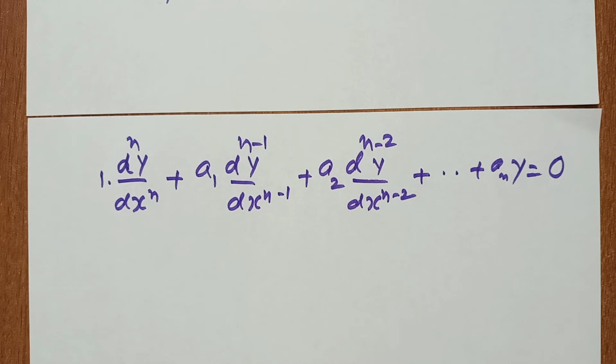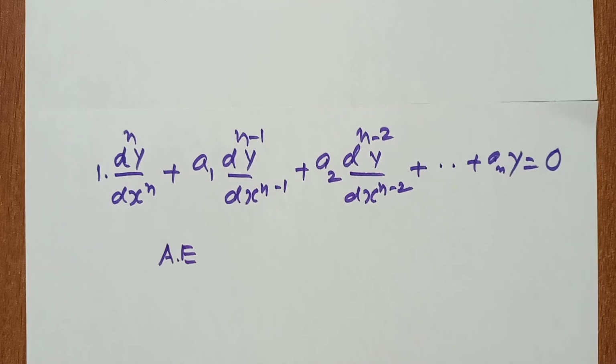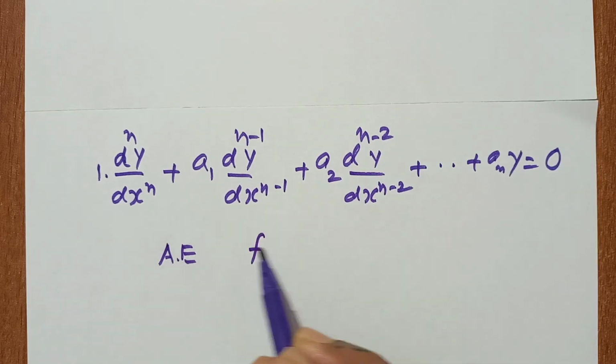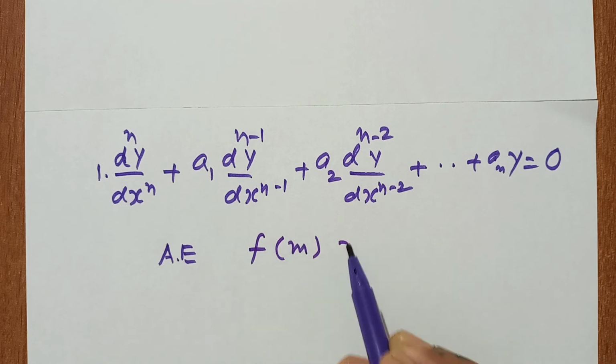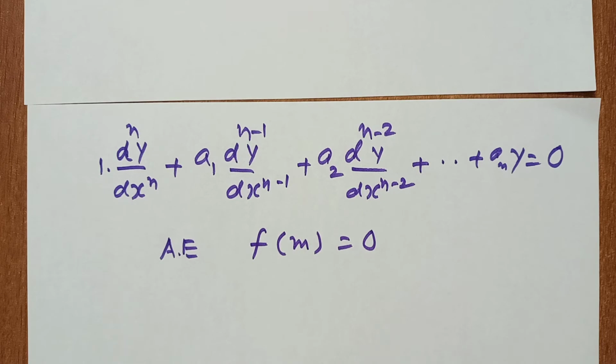Any differential equation, if you want to solve, first you calculate the auxiliary equation. This is the auxiliary equation in terms of m, so this is f of m equal to 0. If the order is 2, it is in terms of m square. If the order is 3, the maximum degree of m is 3.